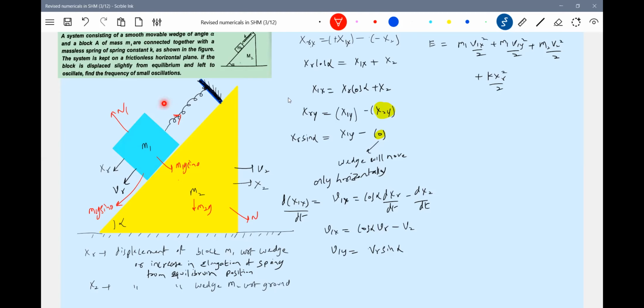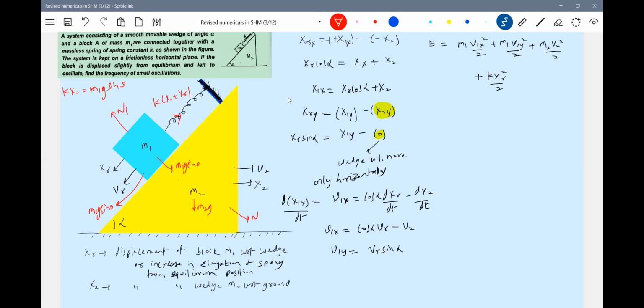So this will become K x naught plus XR. So somewhere in the corner we'll write it: Kx naught, the initial elongation of the spring, should be balanced by M1G sine theta. Now we'll differentiate this. What we have to find out is the frequency of small oscillation.